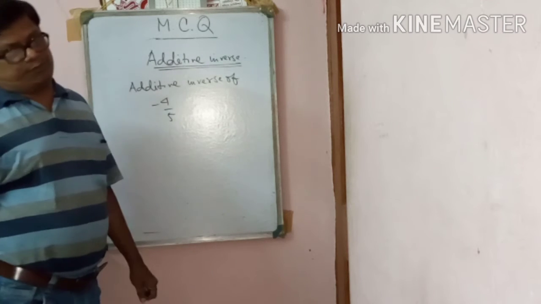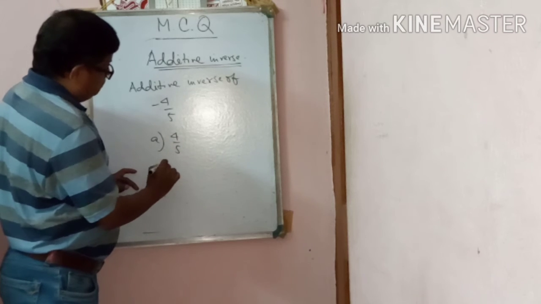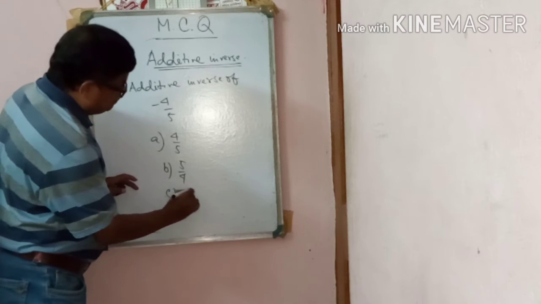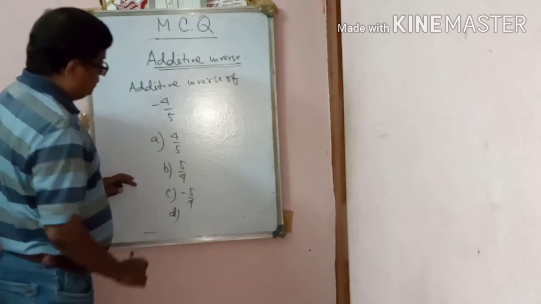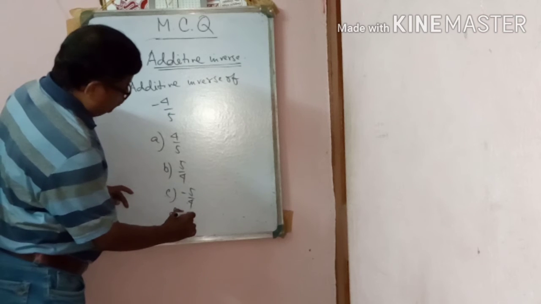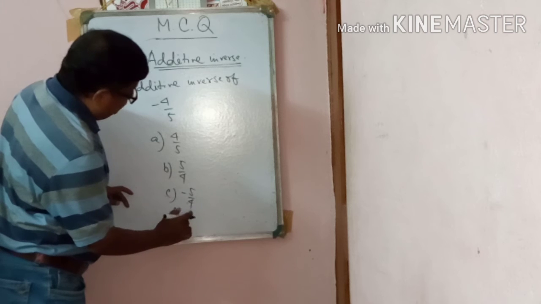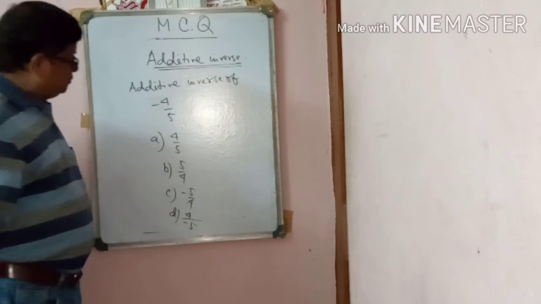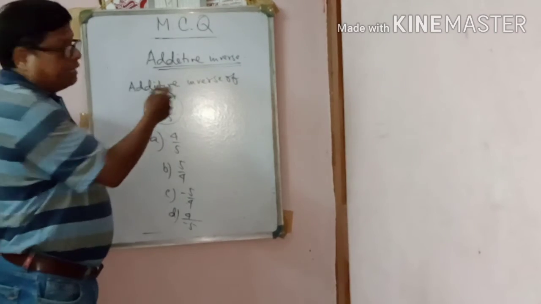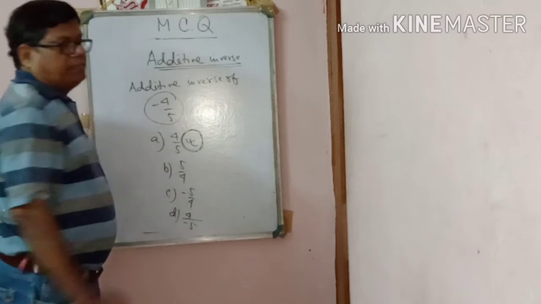Options: A is 4 by 5, B is 5 by 4, C is minus 5 by 4, D is 4 by minus 5. Minus 4 by 5 is given, so which is its additive inverse? 4 by 5. Yes. So the answer is A. Option A is the correct answer.